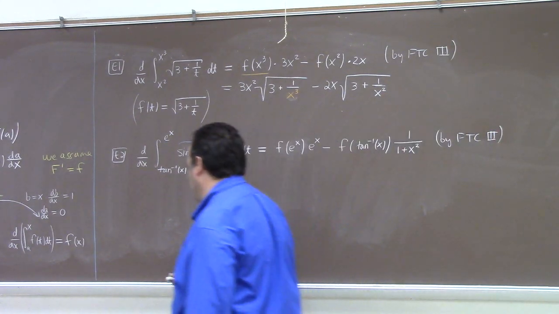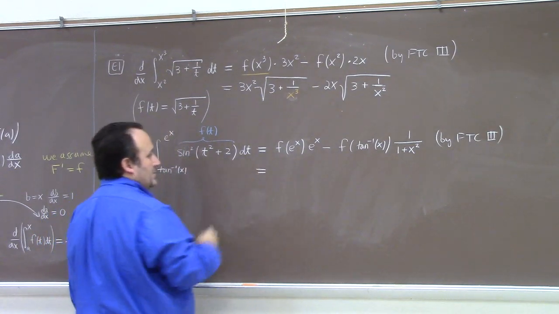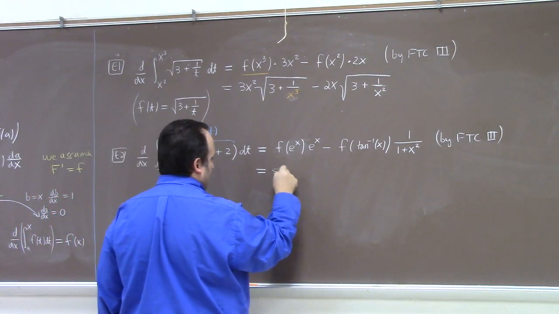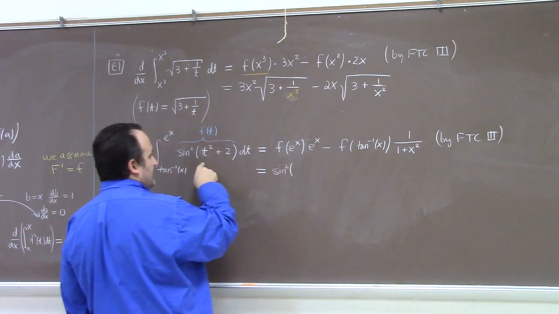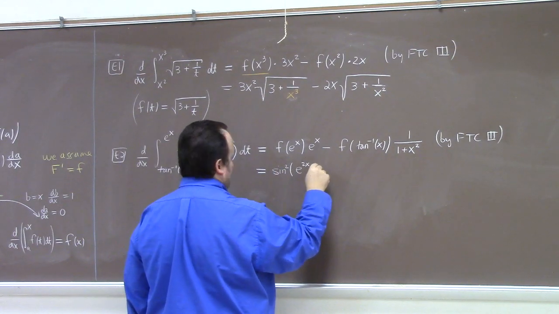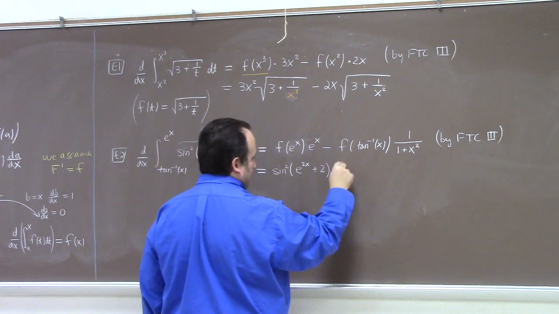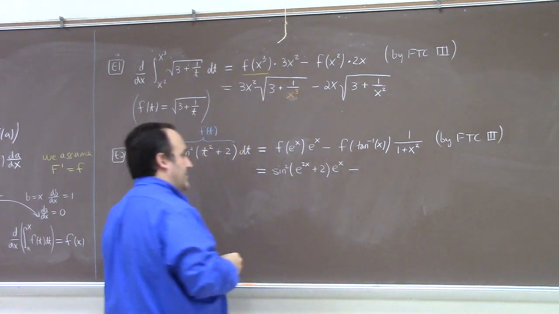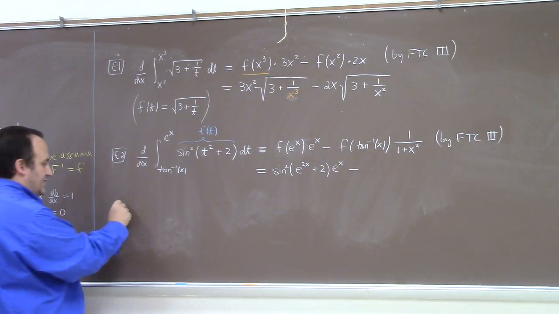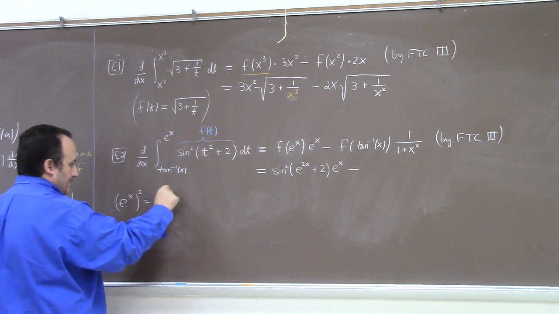Sorry, I'm getting lazy not writing that. My bad. Okay, so I do sine squared, and I replace t with e to the x, so I get e to the 2x plus 2, all times e to the x. That's the first term. What I did there, of course, was e to the x squared is e to the 2x.